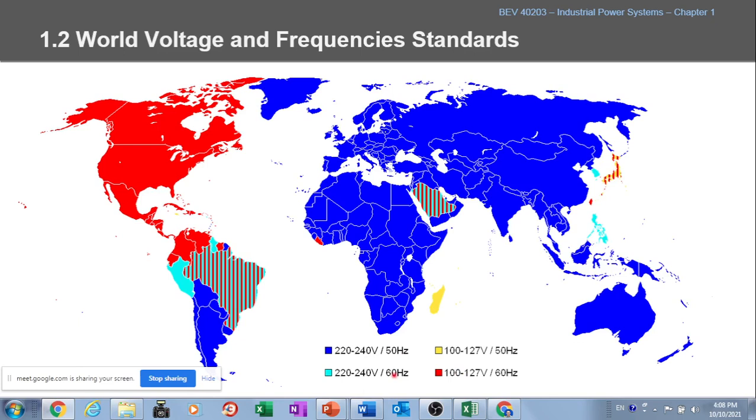Just a few countries, like our neighbors the Philippines and South Korea, practice 60 hertz, even though the voltage is the same as ours, but the frequency is 60 hertz. It more or less depends on where you buy the transformer.